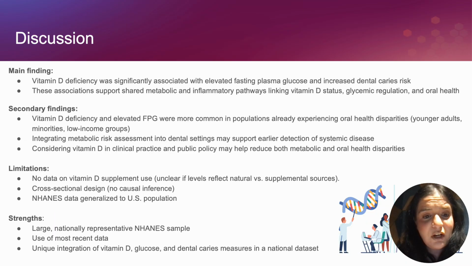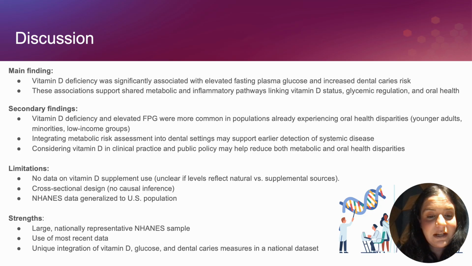So in conclusion, our main finding was that vitamin D deficiency was significantly associated with elevated fasting plasma glucose and increased dental caries risk. These associations supported shared metabolic and inflammatory pathways linking vitamin D status, glycemic regulation, and oral health.